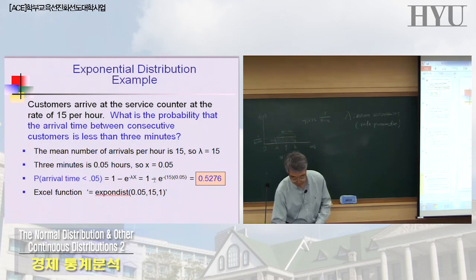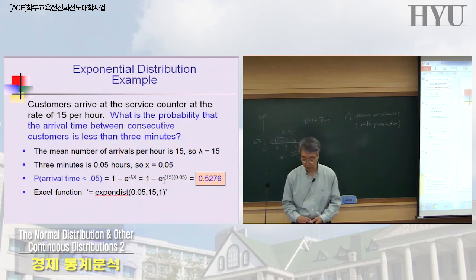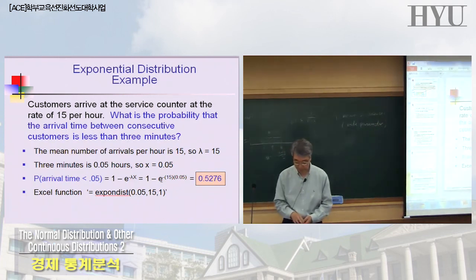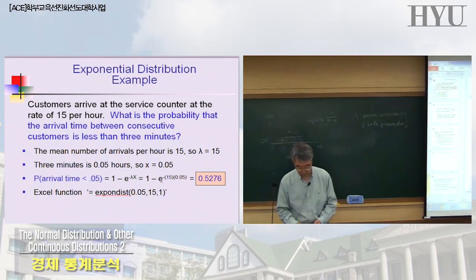So the probability that x will be less than 0.05, you can use this formula, 1 minus e to the minus 15, where of course 15 is the lambda value, times 0.05, and you get 0.5276. You can use a calculator to compute that probability.